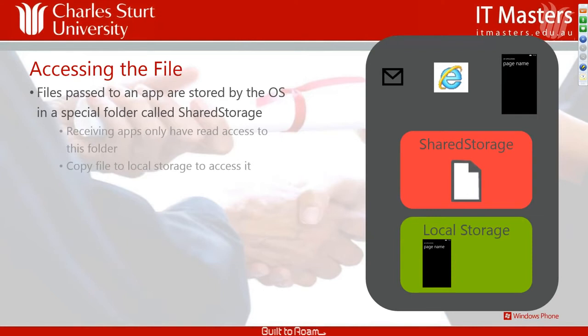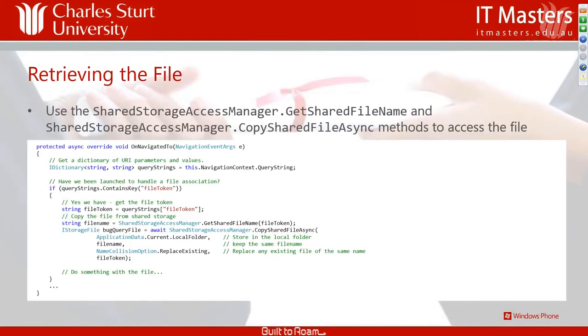From shared storage, the launched application can then access that file and take a copy that it can work with locally. So once we've retrieved the file name from the shared storage access manager, like we just saw, we can also use the copy shared file async method to retrieve a copy of that file into the local isolated storage for our application, so we can start interacting with it.